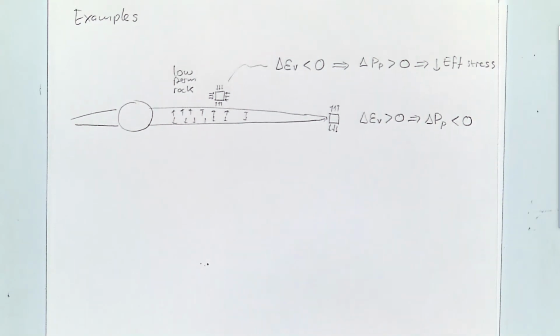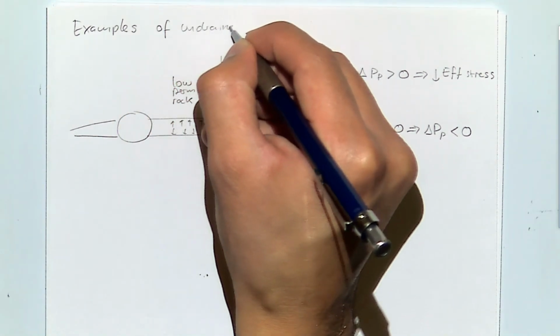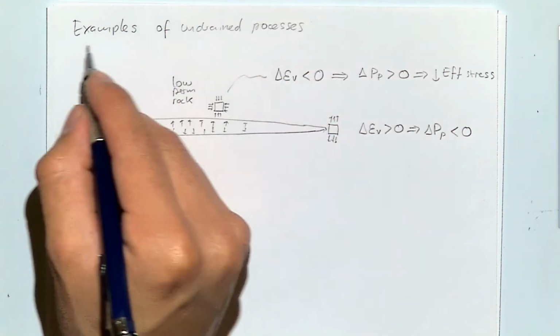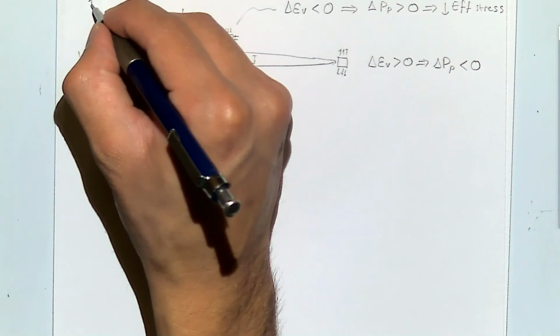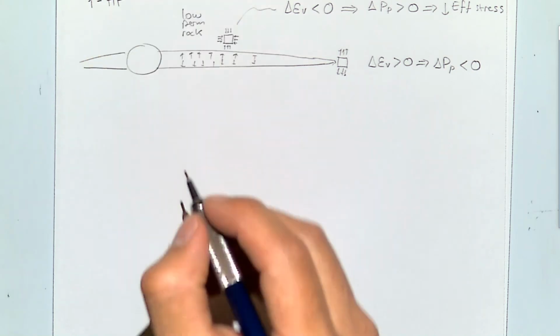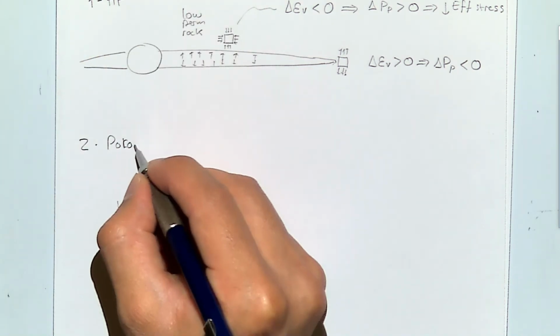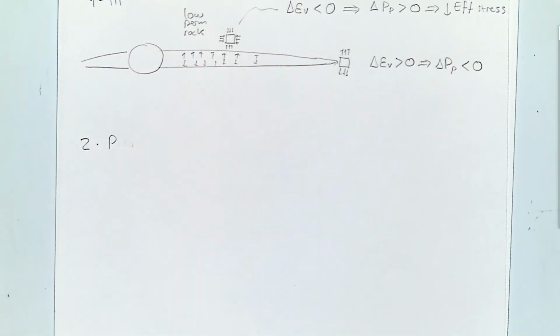Okay, and another example of an undrained process caused by loading is something which is called poroelastic interference.